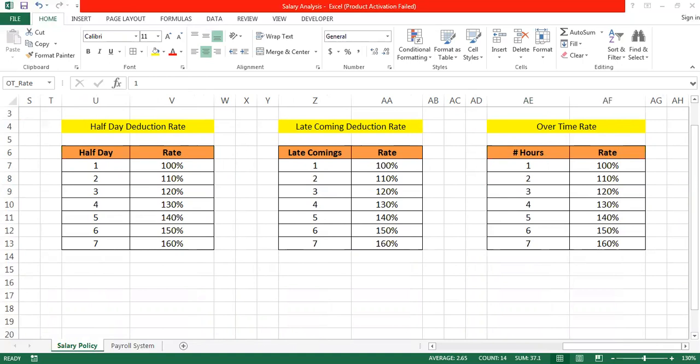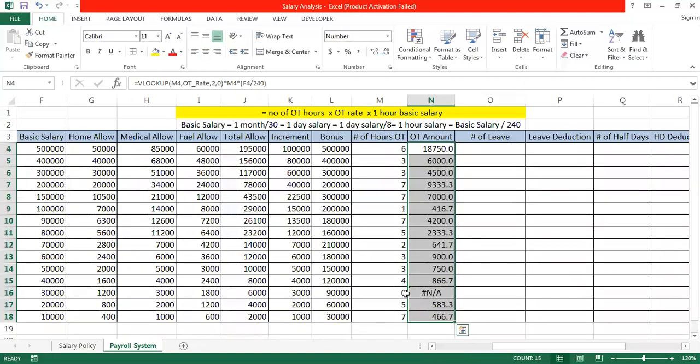So if we are going to treat zero as an error, as it is not defined in the table, how can we eliminate this thing? We can treat all the values other than values defined in the salary overtime table.